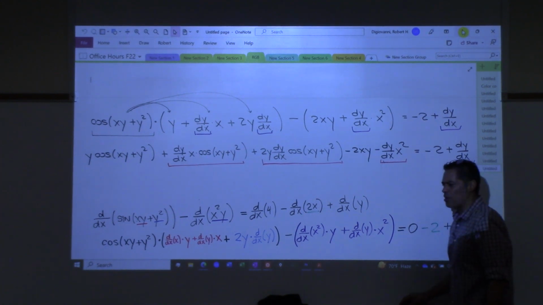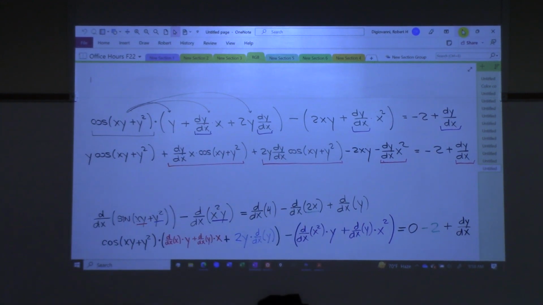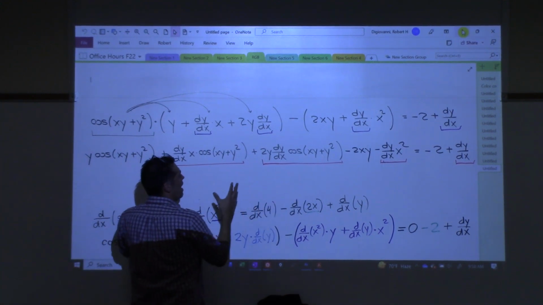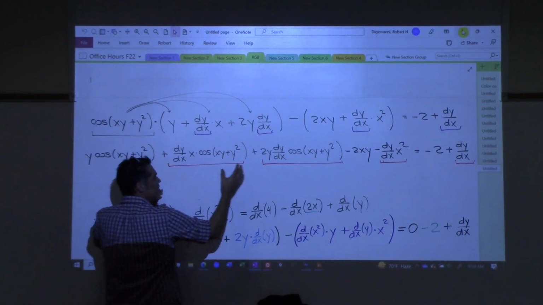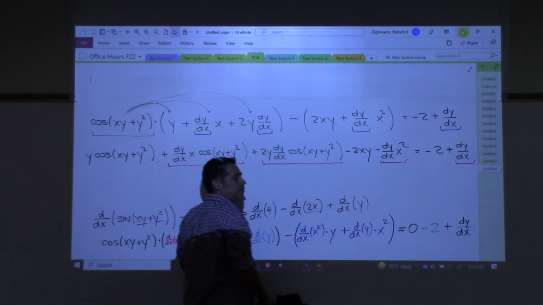Terms, when I say terms, what do I mean? Terms are separated by what? Addition and subtraction. So what I'm doing is I'm trying to figure out what terms between the additions and subtractions have the dy dx in them. This one does, that one does, that one does. That's a term. That's a term right there.